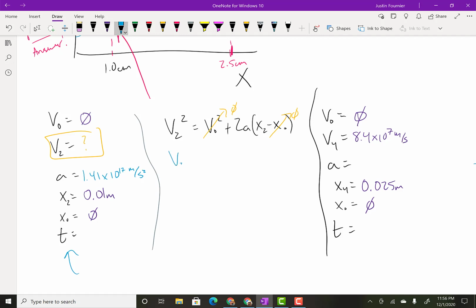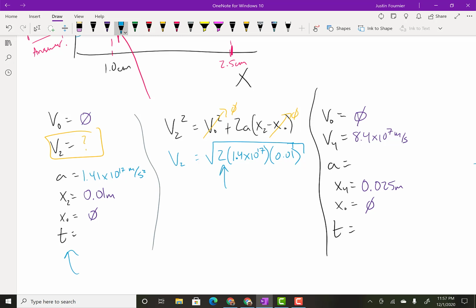So v2 squared equals, let's take the square root. We can plug in the acceleration, 1.4 times 10 to the 17 meters per second squared, multiplied by my position, which is 0.01. I would parenthesize everything like crazy.